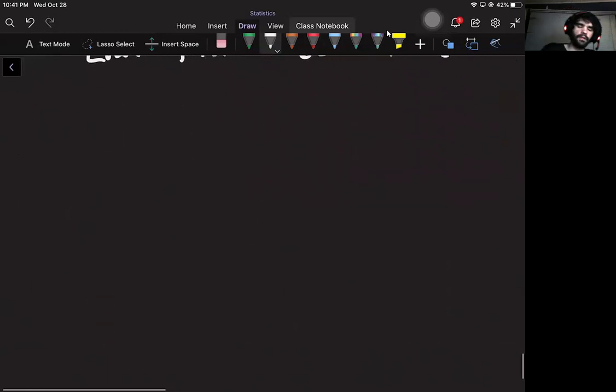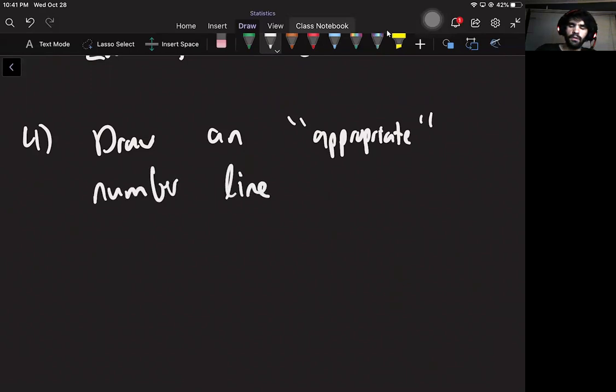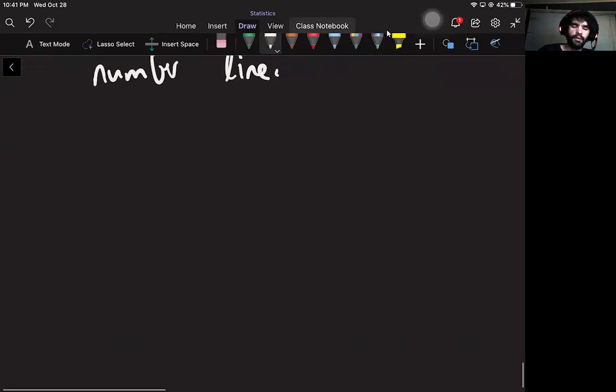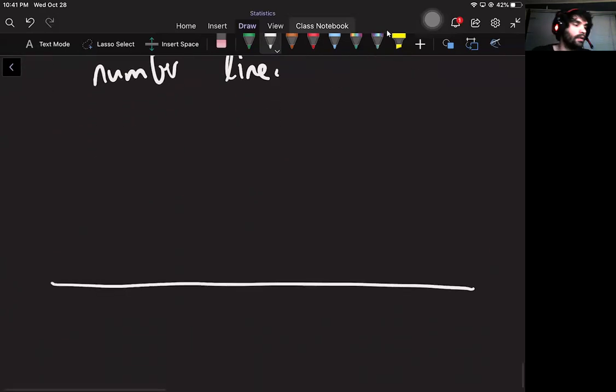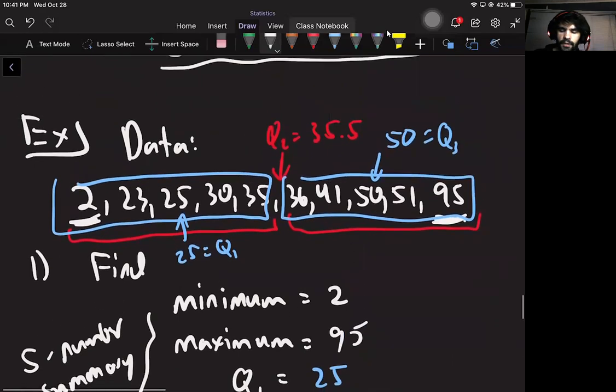Okay, so next step is draw an appropriate, so it's kind of subjective, number line. So the idea is that your box plot is going to go above the number line here. And I'm going to go from 0 to 100 because if I look at the data, that's about where it goes, from 2 to 95.